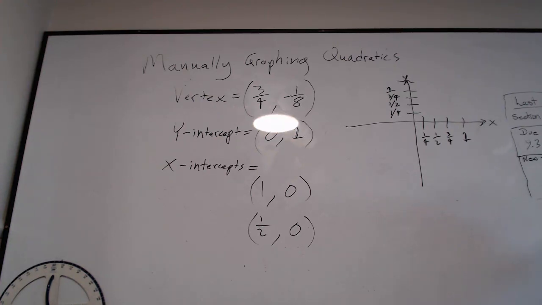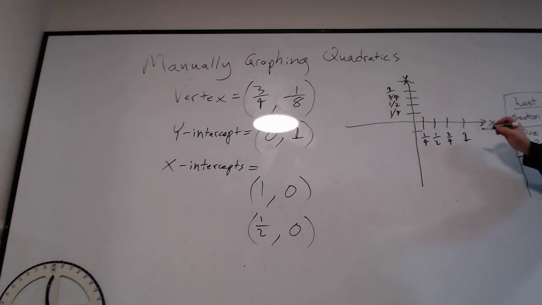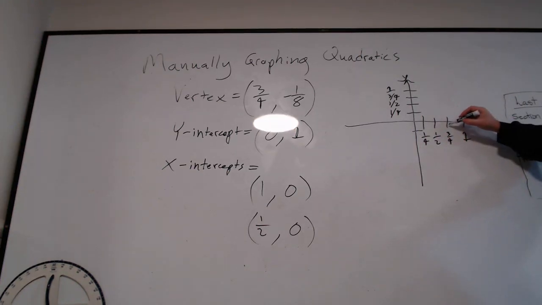Okay, so for the vertex, we have an x value of 3/4, so that's going to be right here, correct? And then it's going to be a y value of -1/8. So effectively, it's going to be right around here, I believe.